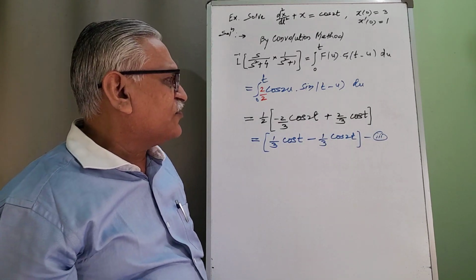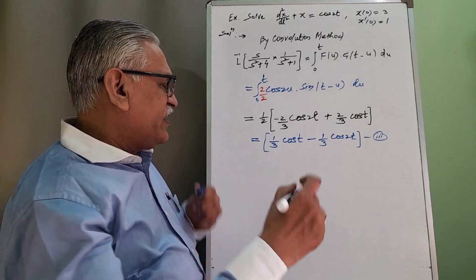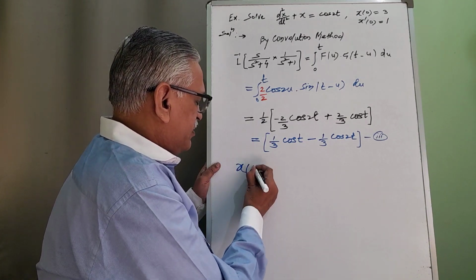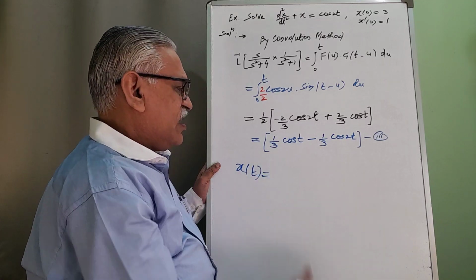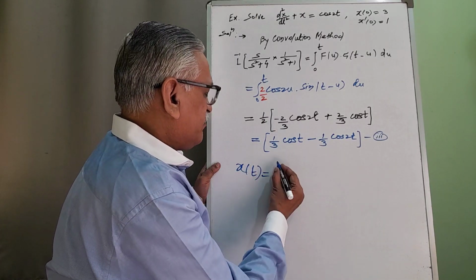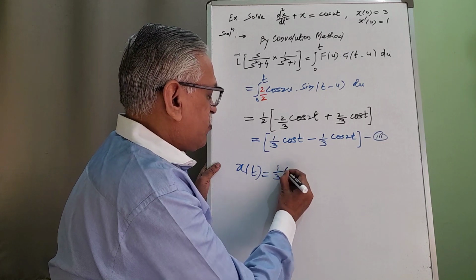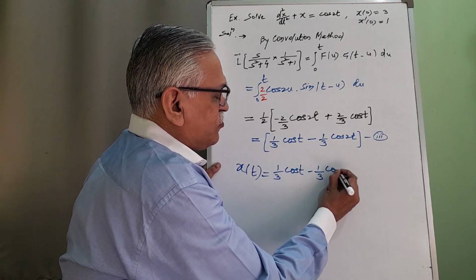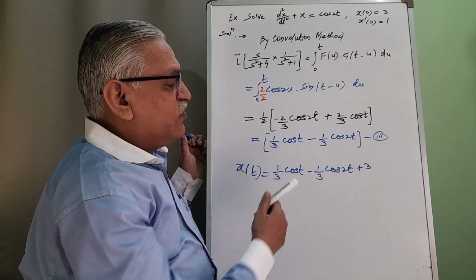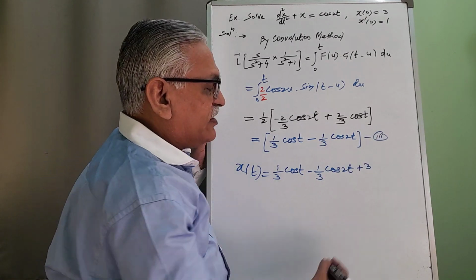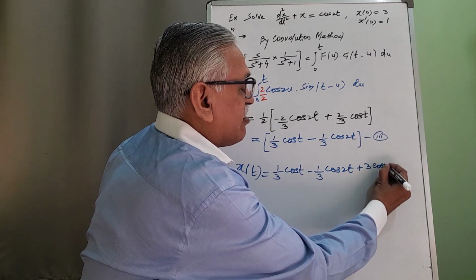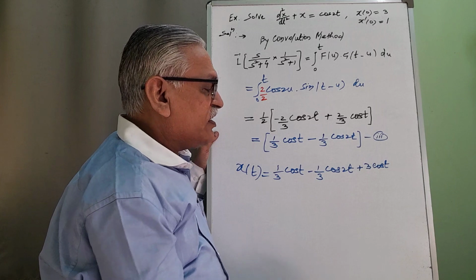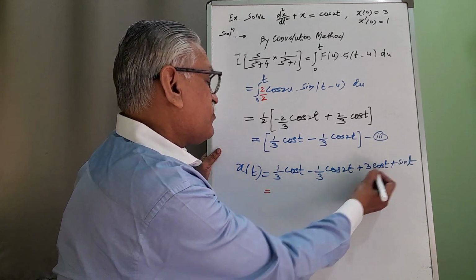And then substituting this in equation 2, we get inverse of x bar of s as x of t. Inverse of first term is 1 by 3 cos t minus 1 by 3 cos of 2t. Inverse of s upon s square plus 1 is cos t, and inverse of 1 upon s square plus 1 is sin t. Therefore, there are two terms of cos t.